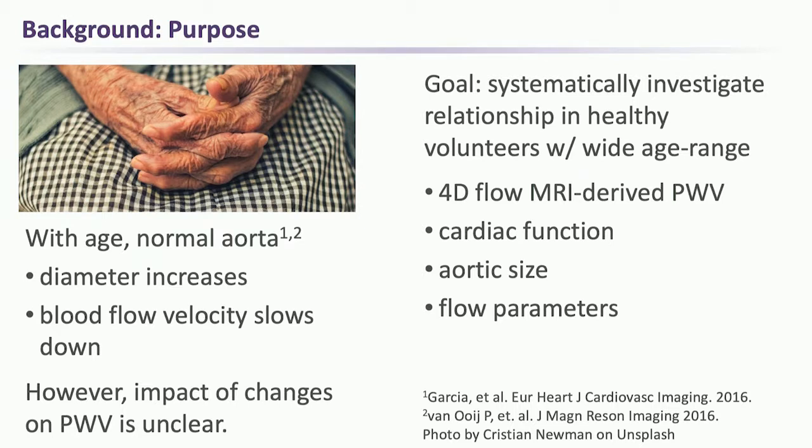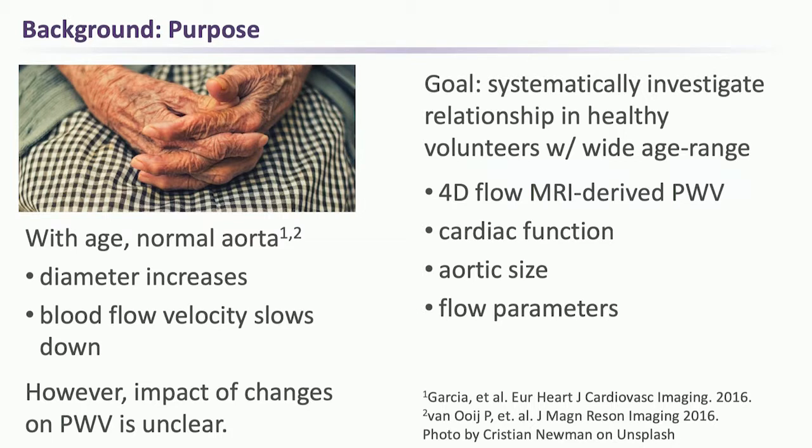Now, as we age, previous studies have shown that the diameter tends to increase and blood flow velocities slow down, perhaps except for in the locations of the ascending aorta where peak velocities may have a different behavior with age. However, the impact of these changes on pulse wave velocity is unclear.